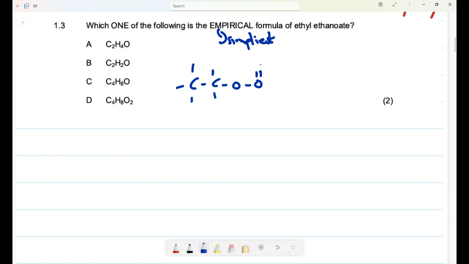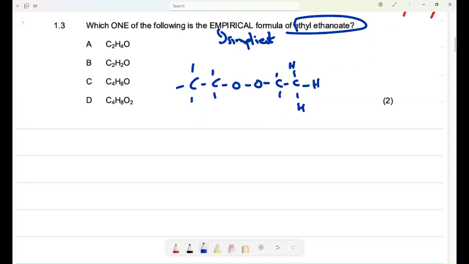If I remember very well the structure there, let me see. This is ethyl there, then COO. I can't remember very well. Is it like this? I'm not so sure.